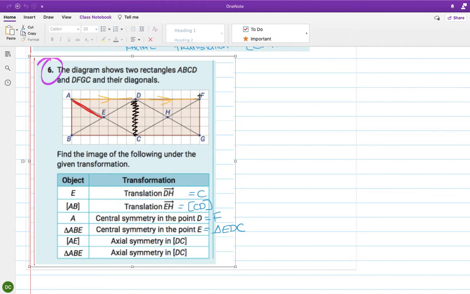So it's going to end up here. And then you have to do the same thing with E. Move it to the mirror and move it the same distance the other side. It's going to end up there. So the image of that line is that line there. So what's that? FH.